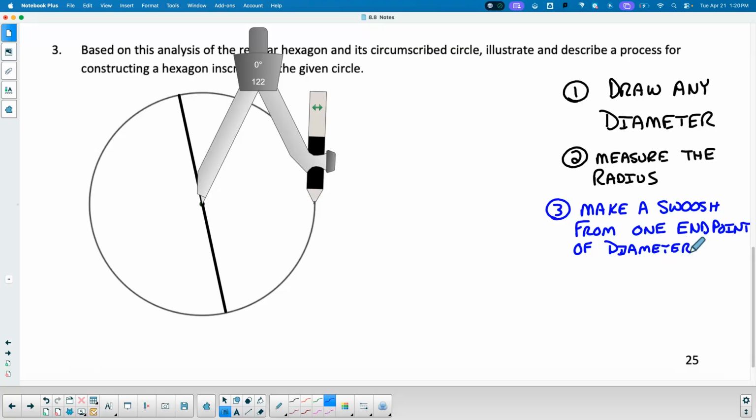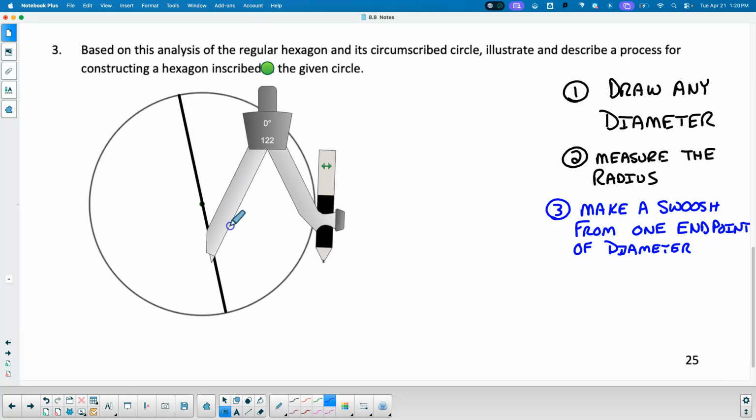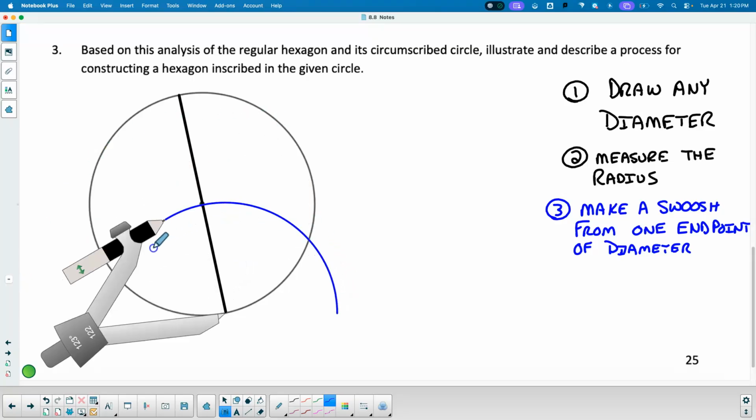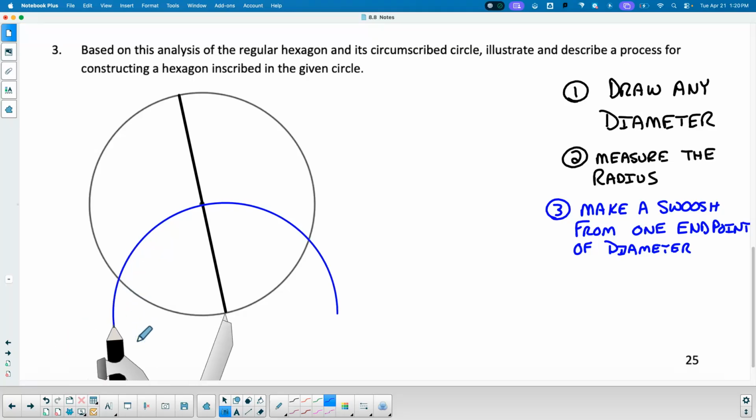So you're going to move the pointy end down to one end point of your diameter, and you're going to swoosh it.